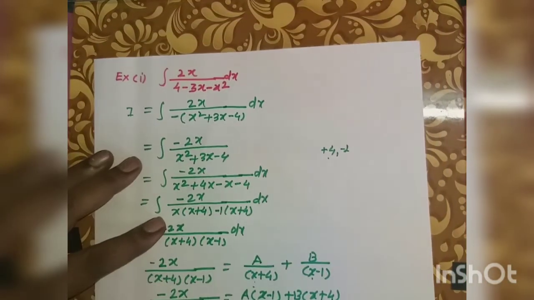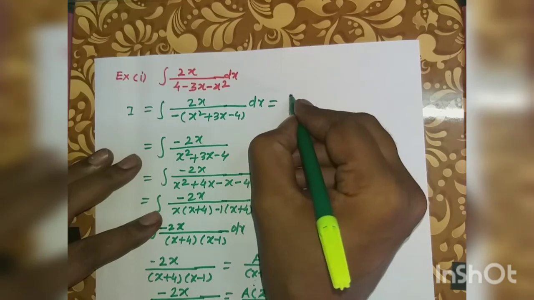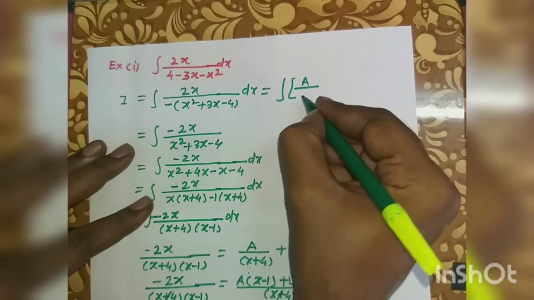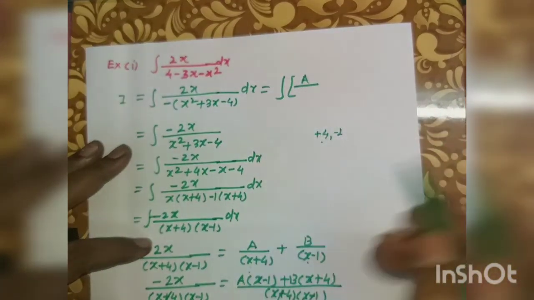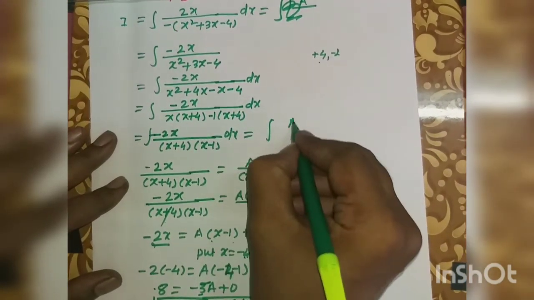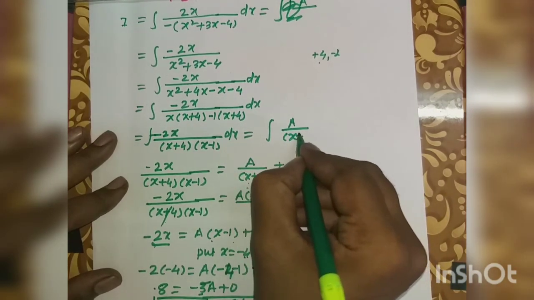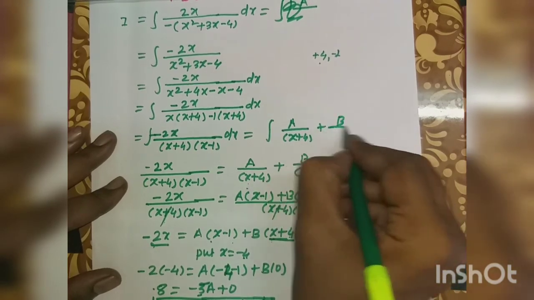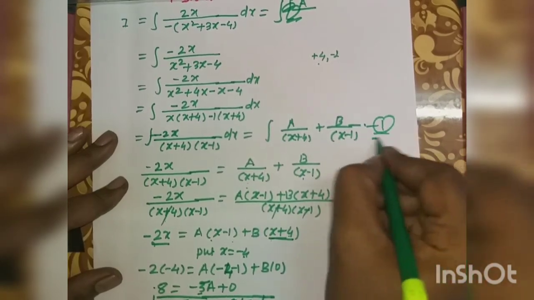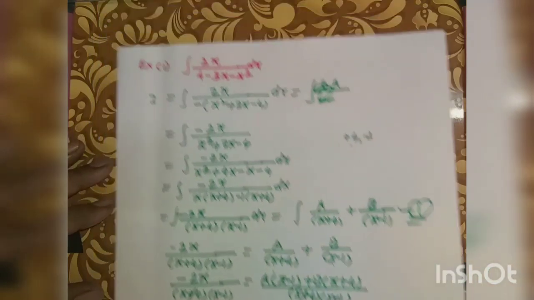Now this first equation can be reduced: integration of a divided by x plus 4 plus b divided by x minus 1. We write this equation and substitute these values in the required equation, then we get the solution.